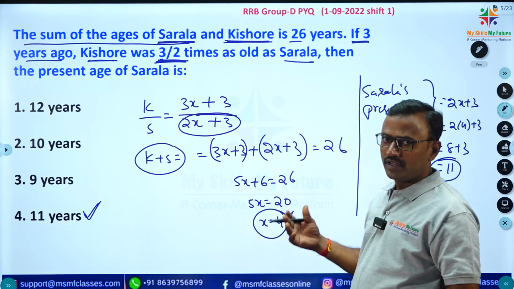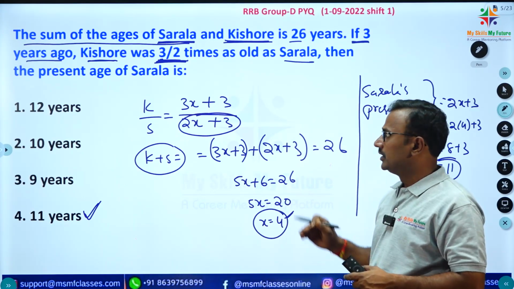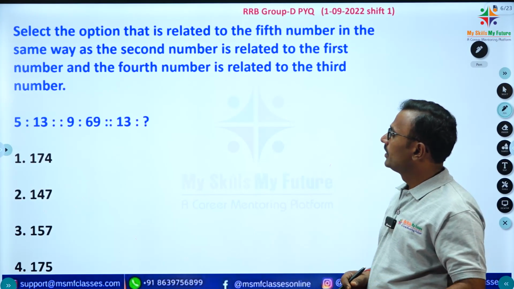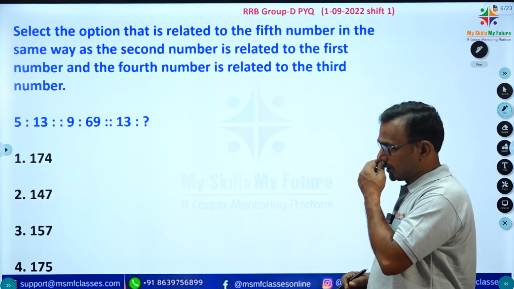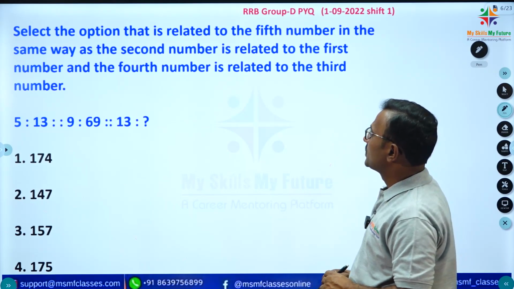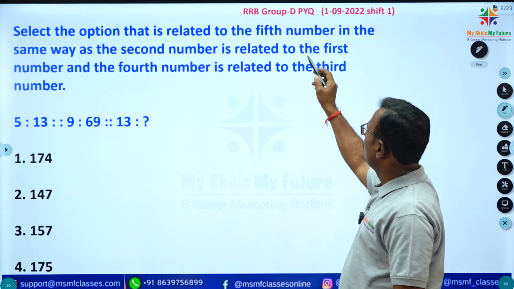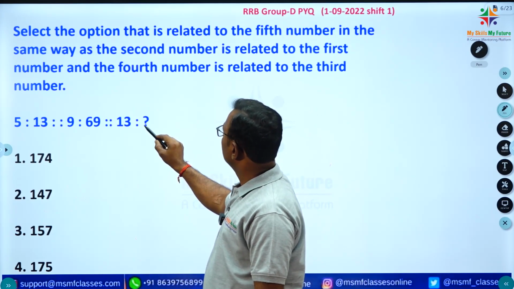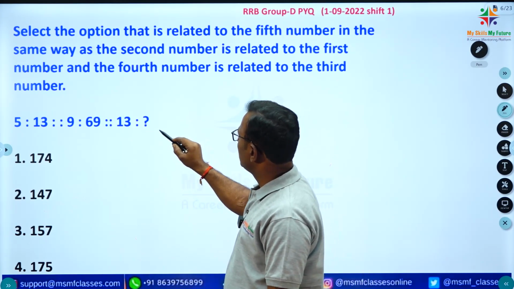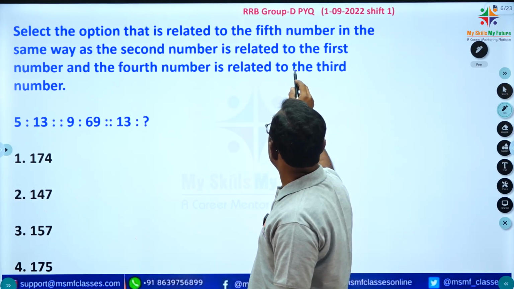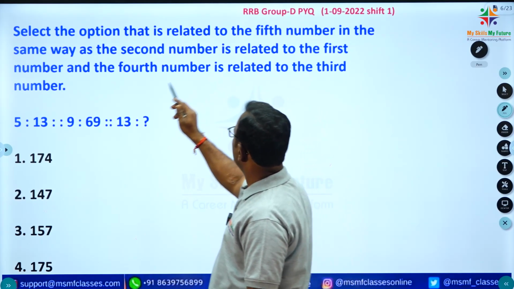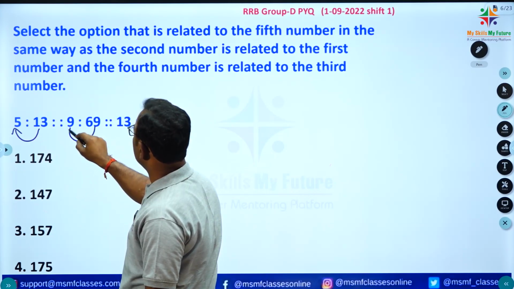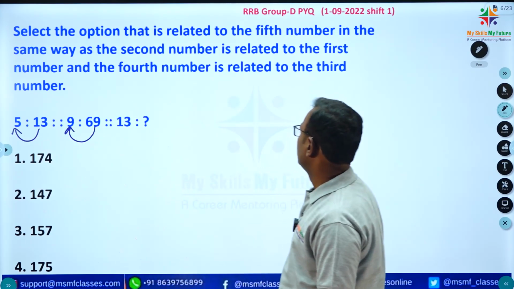So, I hope you will get an idea about how we calculated this question. Okay, right, next question. See the question: select the option that is related to the fifth number in the same way as the second number is related to the first number, and the fourth number is related to the third number.